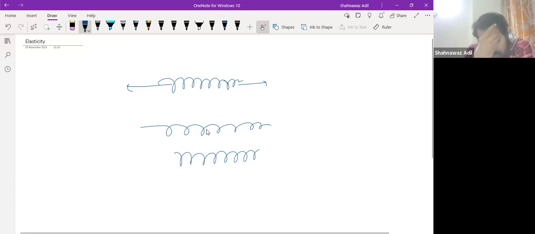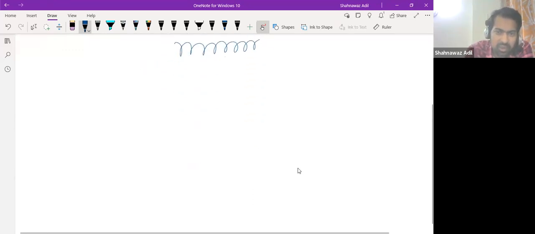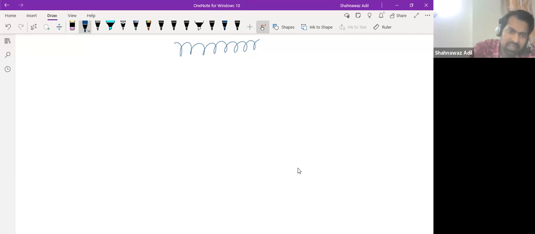And we'll see that there is this stress and strain curve, and this is the elastic curve, and in that we will see that there are different kinds of points. Those I will tell you about.